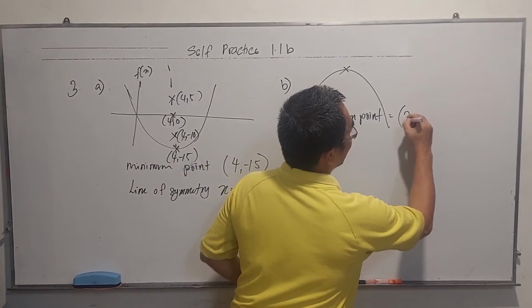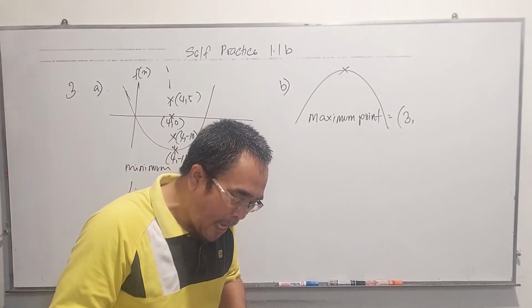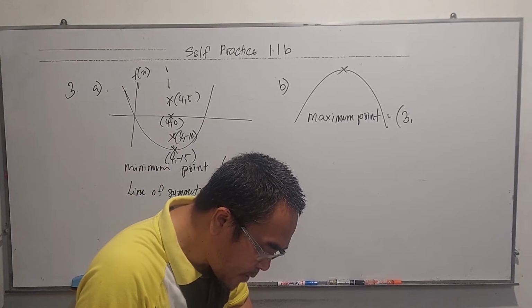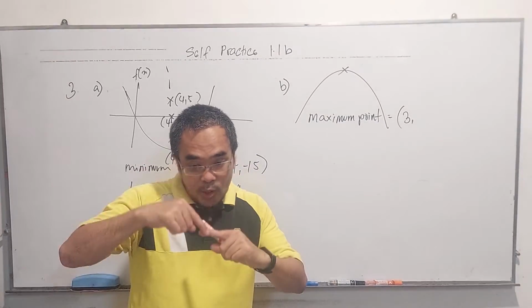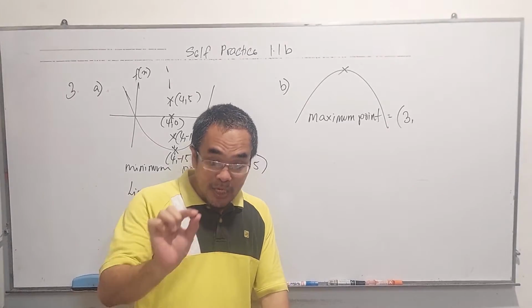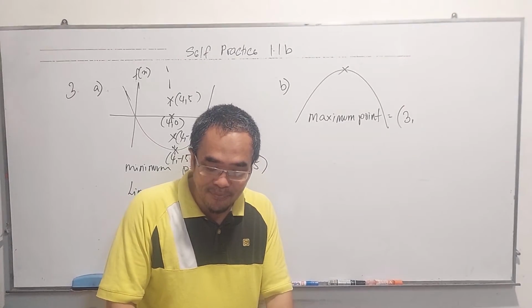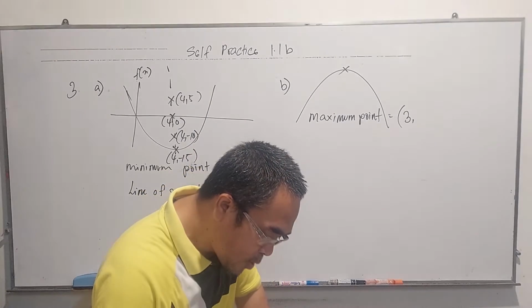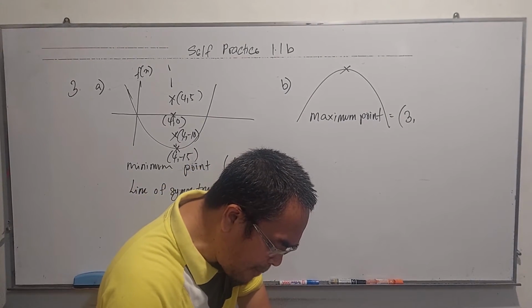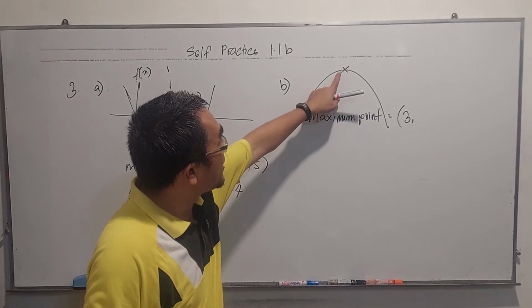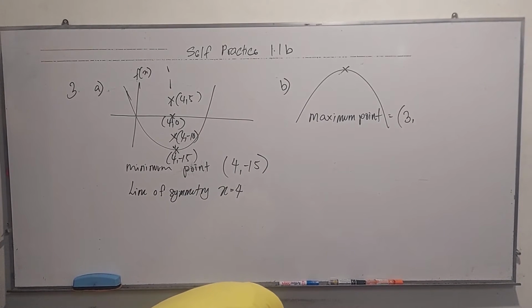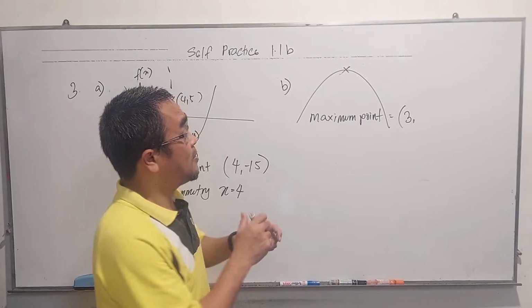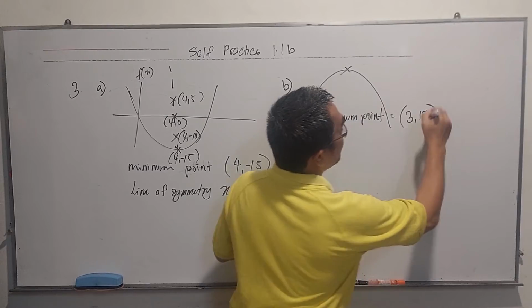The x is 3. Okay? And what is the f(x)? Each small box, because from 0 to 5 there are 10 boxes, so each small box carries 0.5. So from 10, how many boxes until the top, until it meets this coordinate? So is it 15? Yes. So (3, 15).